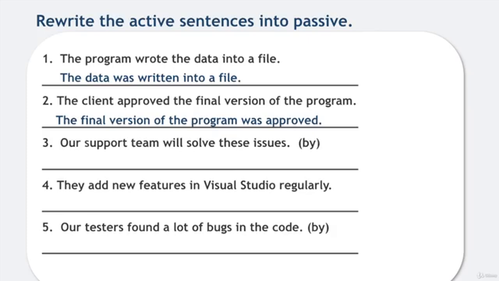So you have to use the word by, and the answer is, these issues will be solved by our support team. This is important, so we don't leave out the doer of the action, but introduce the support team with the word by.